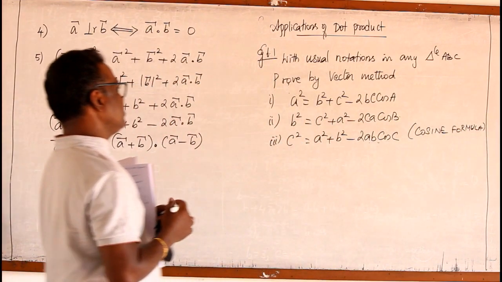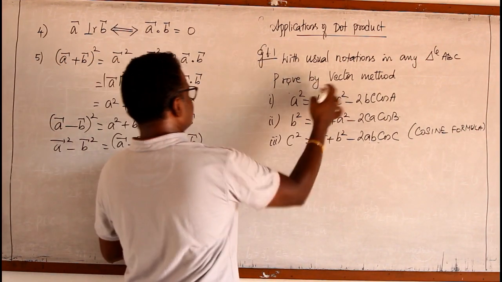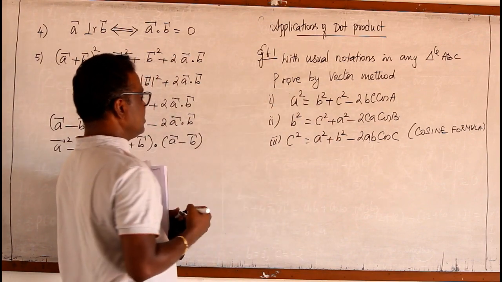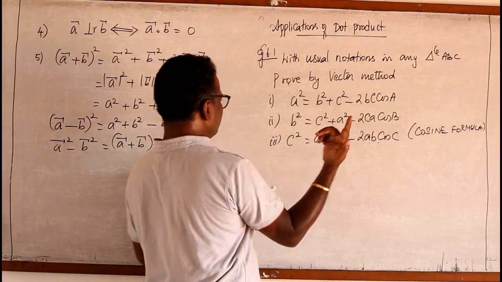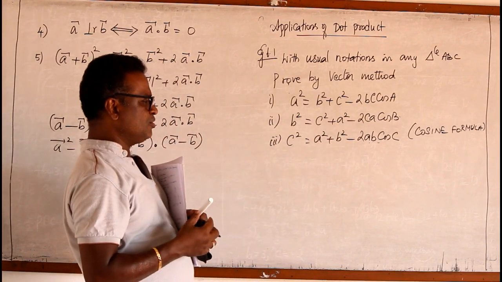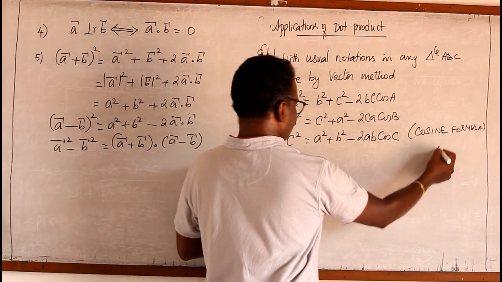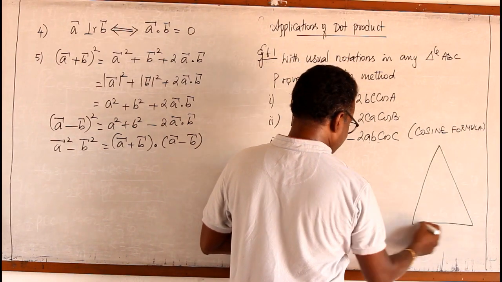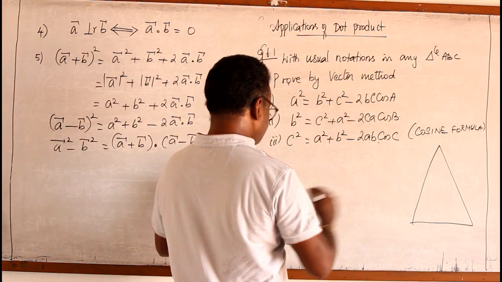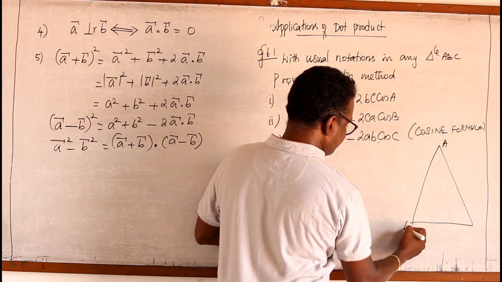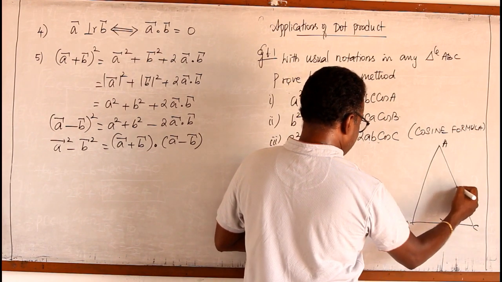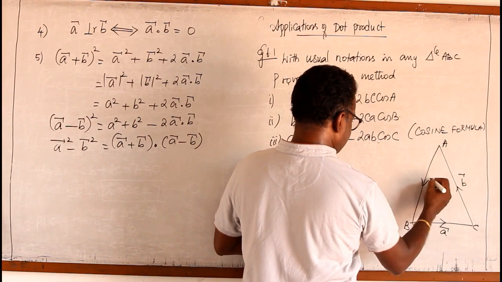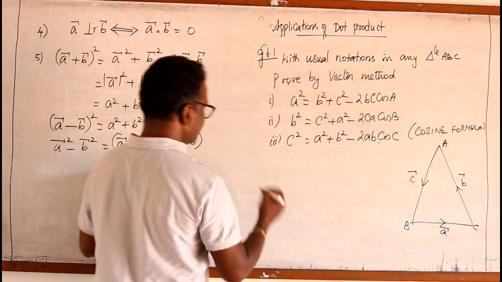This is called the cosine formula. So using vectors I must prove a² = b² + c² − 2bc cos A. It's enough to prove any one, and we can prove the remaining as usual. So let me take a triangle ABC.